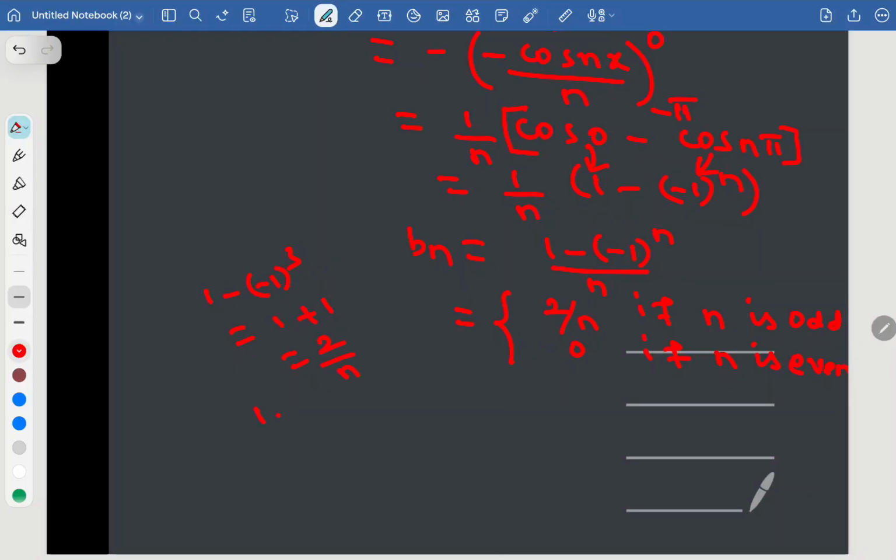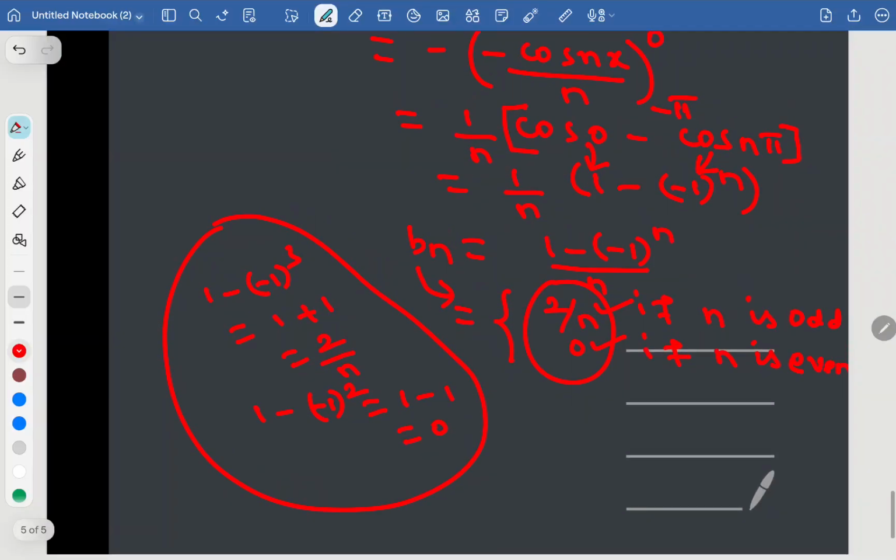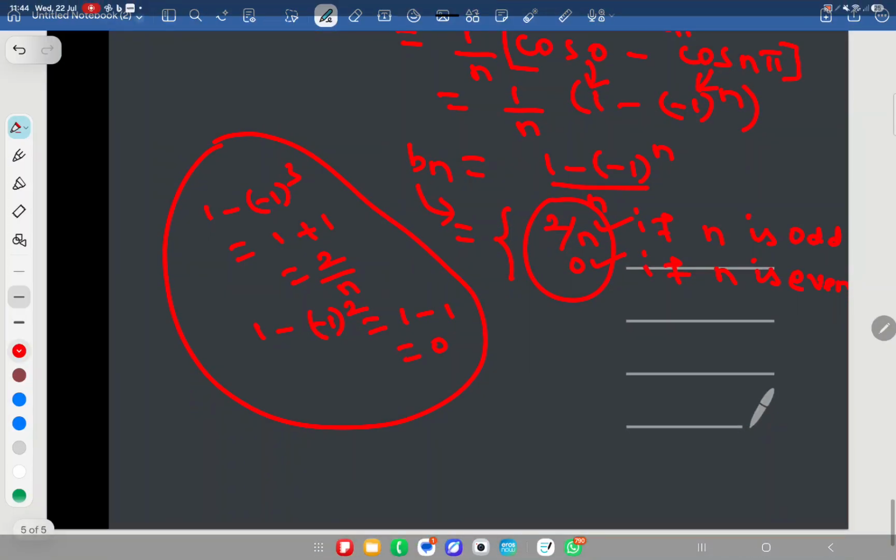If n is even, minus of minus 1 square, 1 minus 1, 0. Very very important. We have Bn two values, n is odd 2 by n, n is even 0. This is for I1.